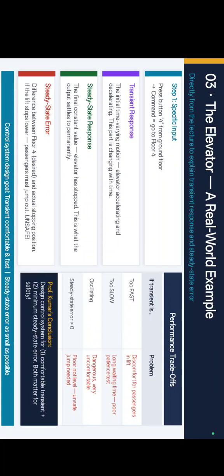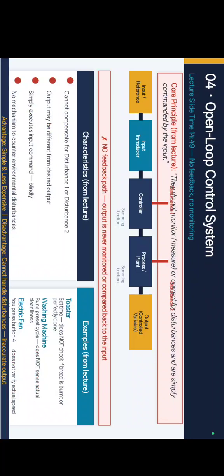So floor not level, unsafe, jump needed. Control system design goal: transient comfortable and fast, steady state error as small as possible. So there are two types of control systems, open loop control system and closed loop control system.